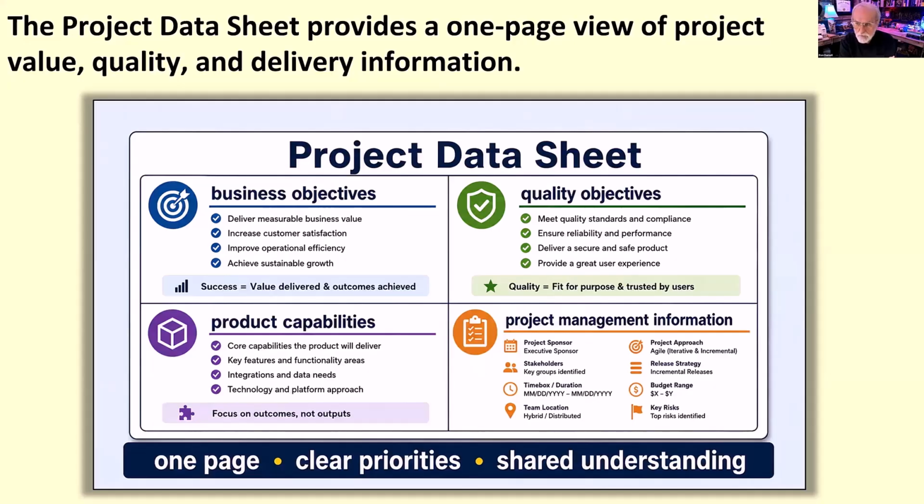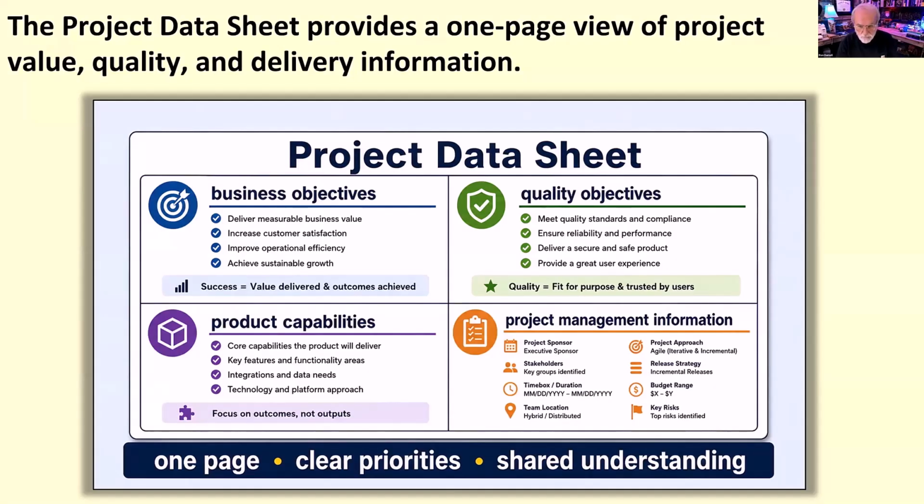You should think of it as a one-page artifact that helps sponsors, stakeholders, and team members quickly understand the project. It's not a long essay. Instead, it should summarize the most important business objectives, quality objectives, product capabilities, and project management information.